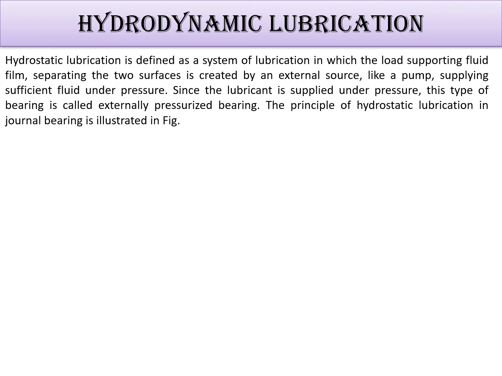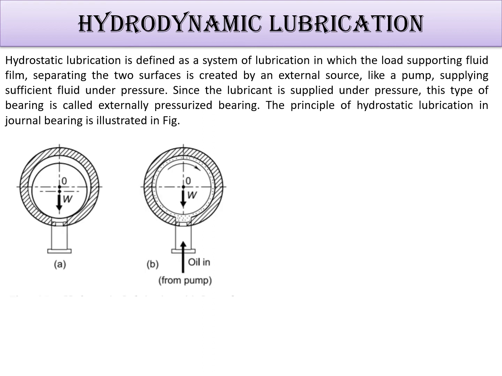Hydrostatic lubrication is defined as a system of lubrication in which the load supporting fluid film. I don't want to read, actually, I can explain it in a simple way. Here this is the initial condition A. A pump is provided here, and now the pump has started working, and the shaft has started rotating.